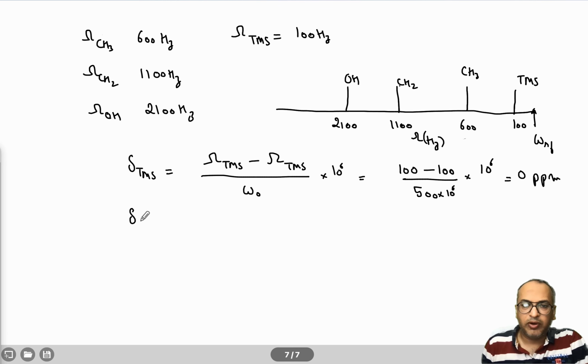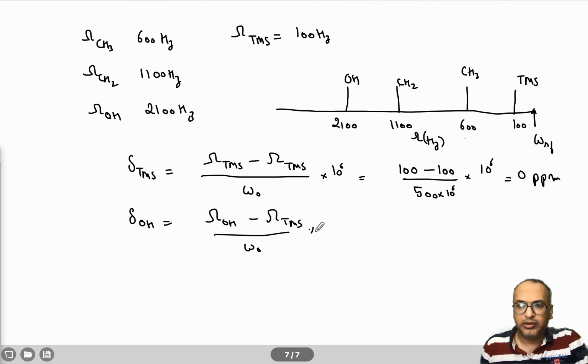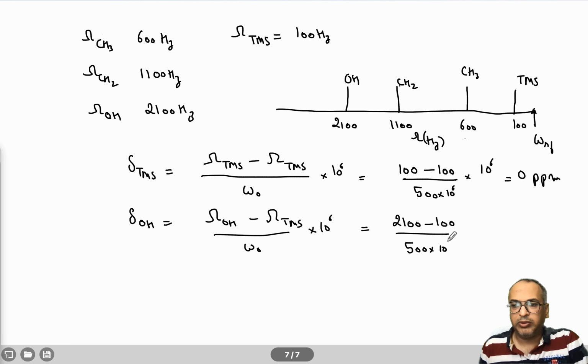Now let's calculate for OH. This will be omega OH minus omega TMS divided by omega naught into 10 to the power 6, and this becomes 2100 minus 100 divided by 500 into 10 to the power 6 into 10 to the power 6.